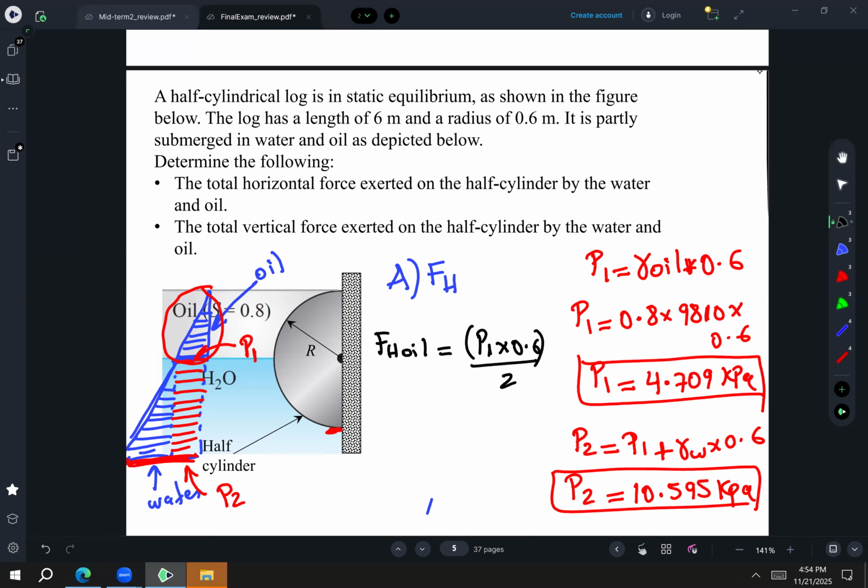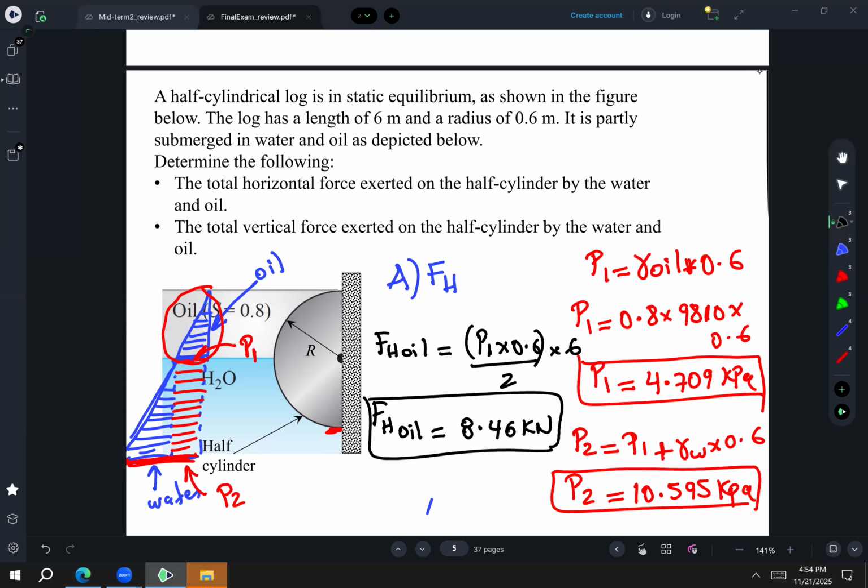That's the area of the triangle, times the length. The length is 6 meters. Therefore, the horizontal force of the oil will be equal to 8.46 kilonewtons.